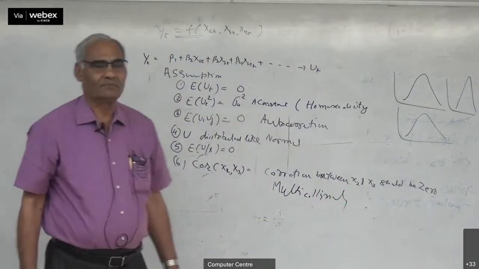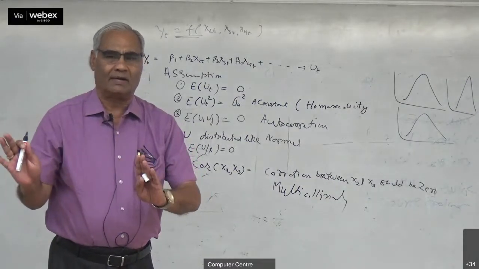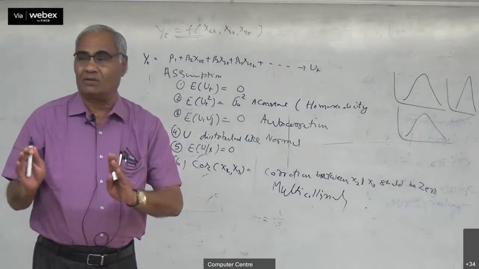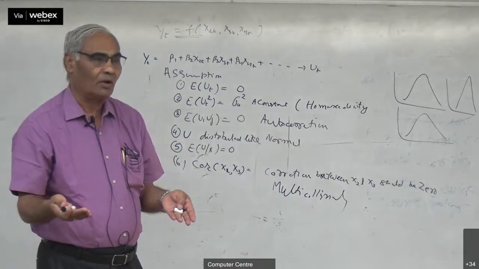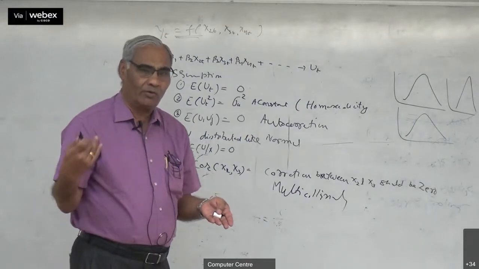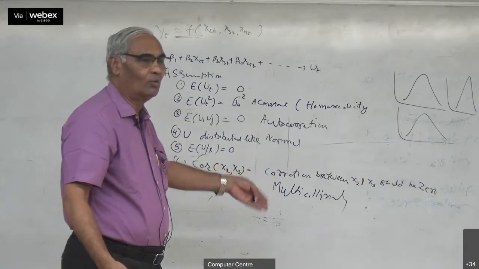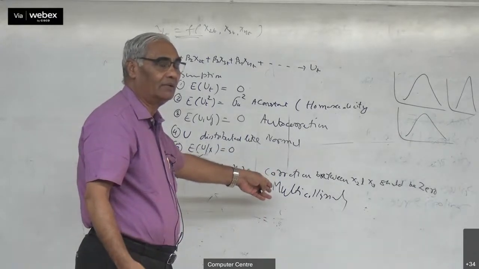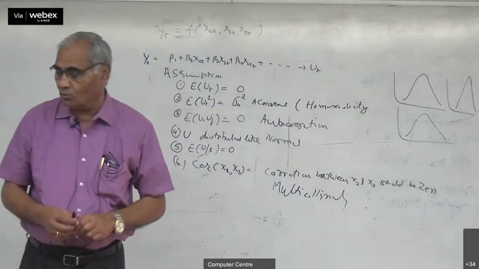If there is a poor correlation, it will not affect the estimation. But if the correlation is very high, then it will affect the estimation process. Tomorrow when we drop the assumptions one by one, we will see what the consequences are if there is multicollinearity between the two variables.